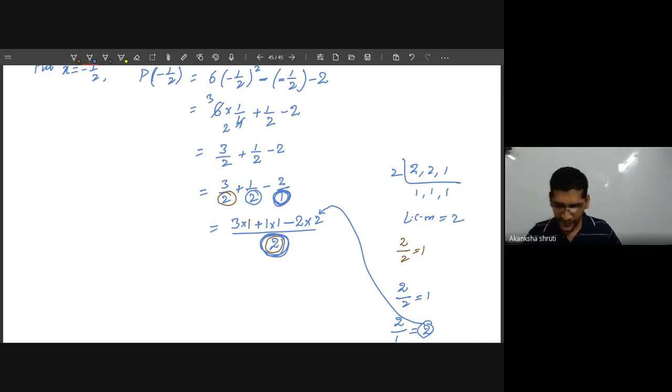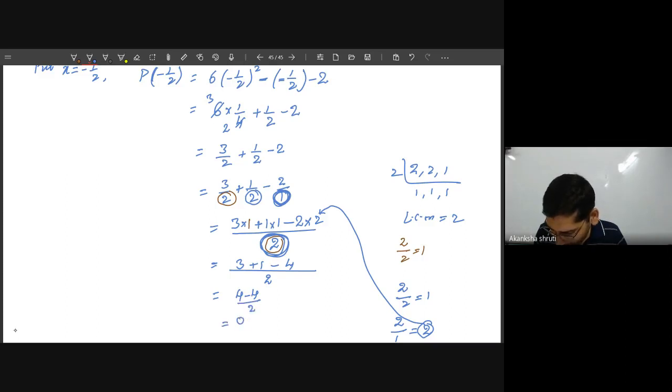So students, this way, what is there? 3 into 1 is 3, means you have to write first this bigger line. 3 into 1 is 3, the next 1 into 1 is 1, and next 2 into 2 is 4, and in denominator it is 2. So what is this? 4 minus 4 by 2, it is 0 by 2.